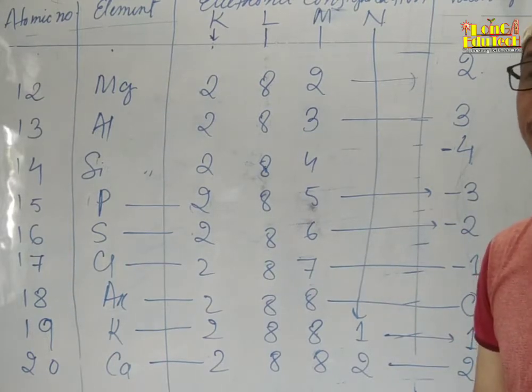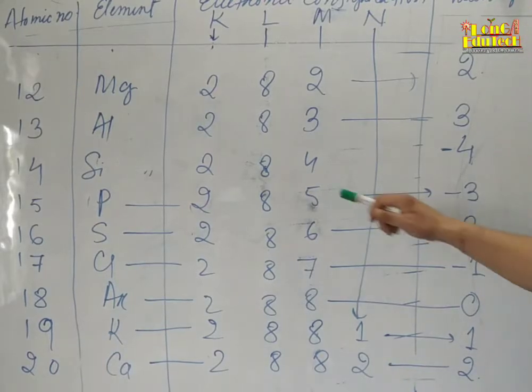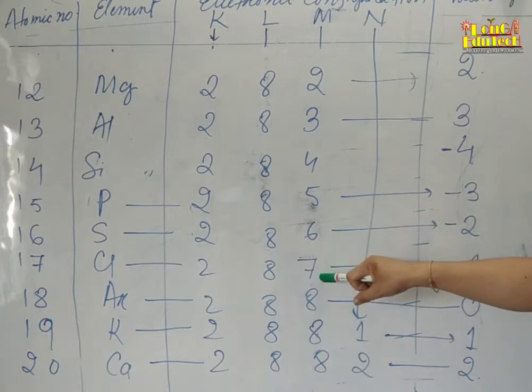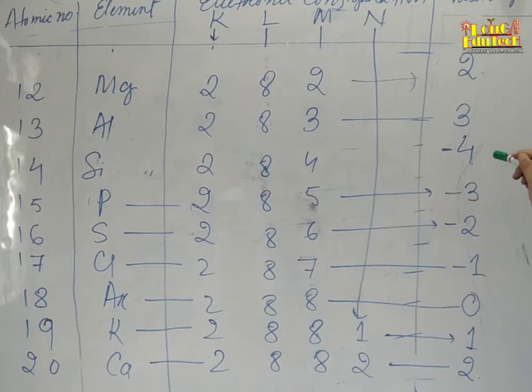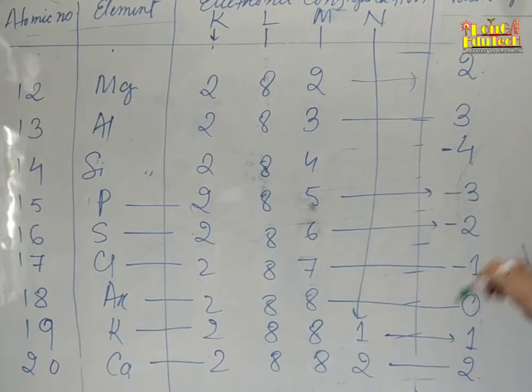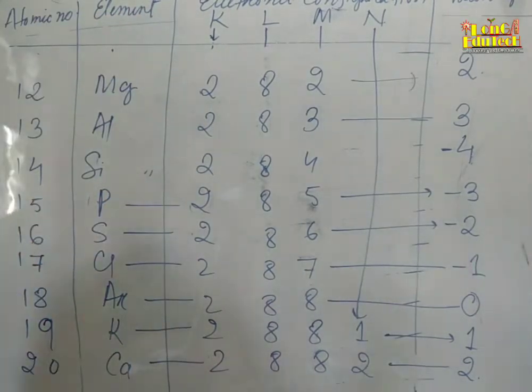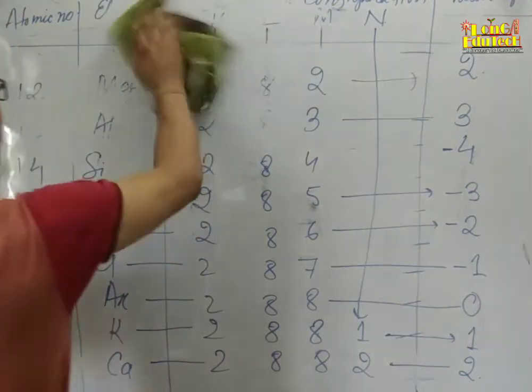They are generally semi-metals, or we call them metalloids. And those elements which have 5, 6, 7 valence electrons, in the valency we put minus, minus 3, minus 2, minus 1, they are non-metals. Okay, so this point also you have to understand. Okay, so you finish this one, and I will give you these tips here.